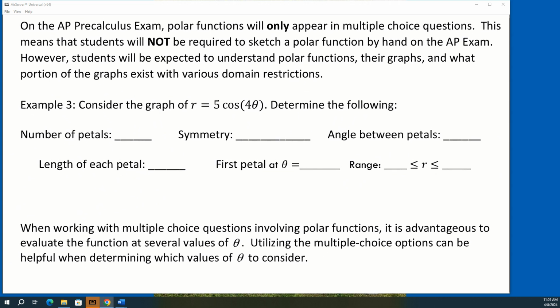So on example 3, I want you guys to see how many of those blanks you can fill in by yourself. So this is our graph. See if you can figure out all of those things, please.